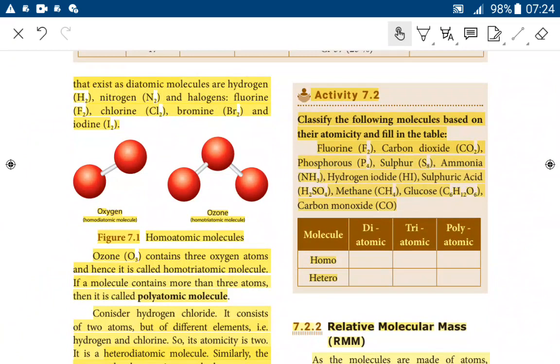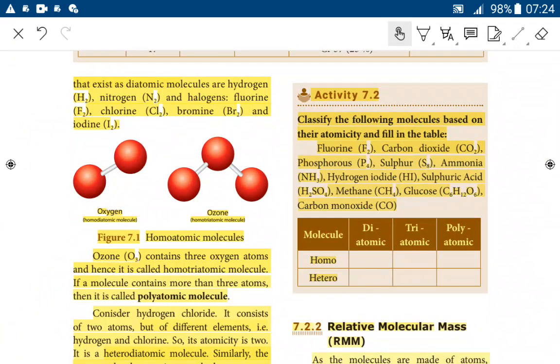When there are two atoms in a molecule, that is going to be diatomic. If it contains only the same atoms, that is going to be homodiatomic. So fluorine is homodiatomic. Carbon dioxide has three atoms, carbon and two atoms of oxygen. So it is going to be triatomic, with different kinds of atoms, so it is heterotriatomic.